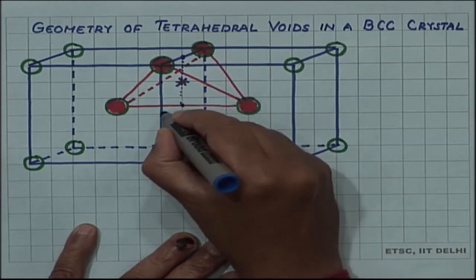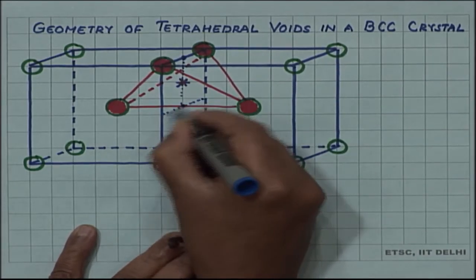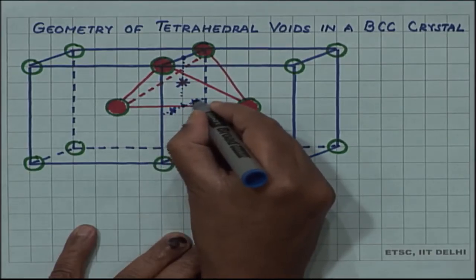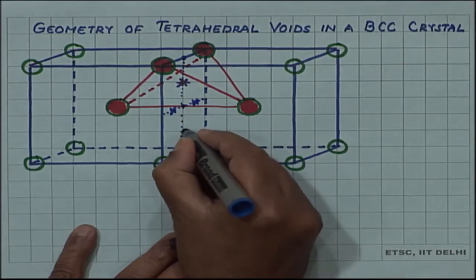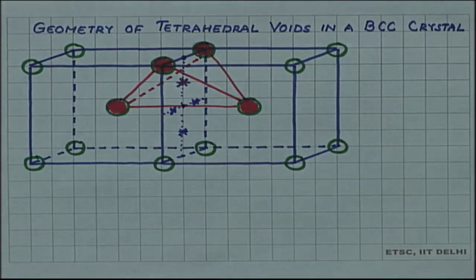But one face of course has 4 edges, so you can go in all those 4 directions. So, on one face you have 4 tetrahedral voids located at such locations.